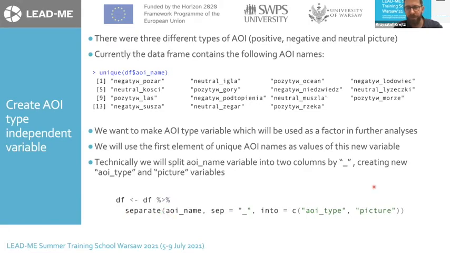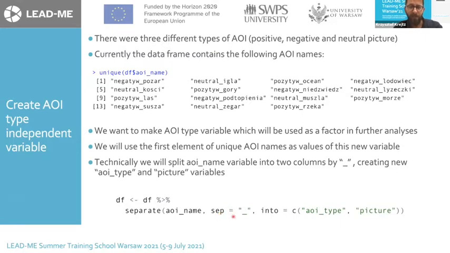So with df after the pipeline, I write separate, open the brackets, and then what I want to separate, I want to use the variable AOI name. After the comma, what the separator is. Again, I looked at help, so it helped me to know what arguments I need to put here.